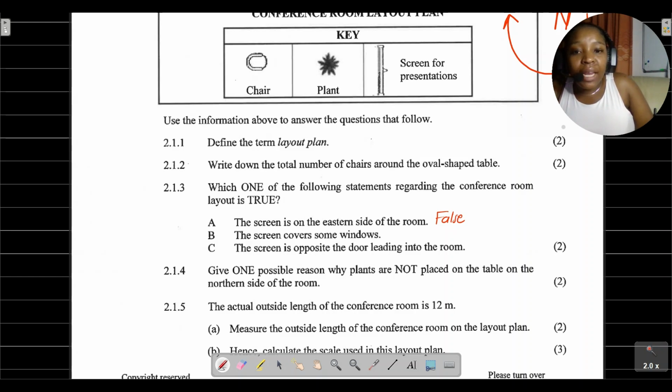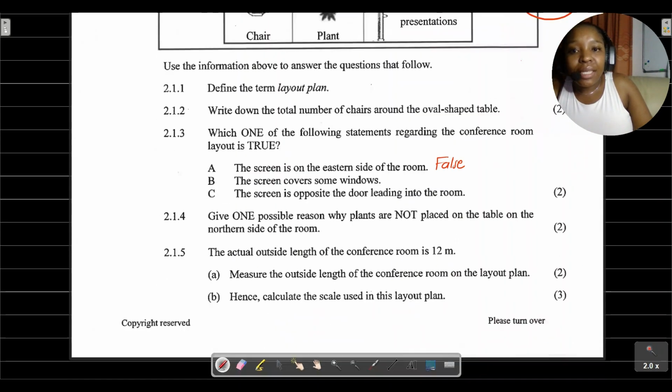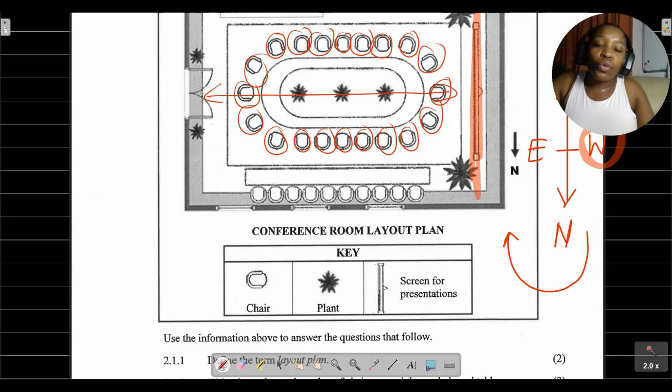B, the screen covers some windows. Let's look here. Does the screen cover any windows? No, the screen does not cover any windows because we can see that the windows are on this side. Okay, so we can see that this statement is also false. And C, the screen is opposite the door leading into the room. So let's see, we can see that the screen is in fact opposite to the door leading into the room.